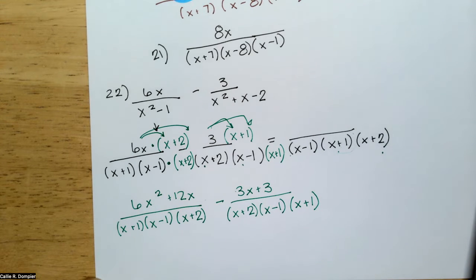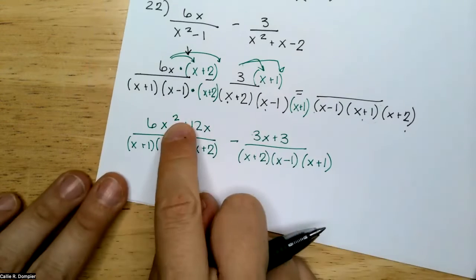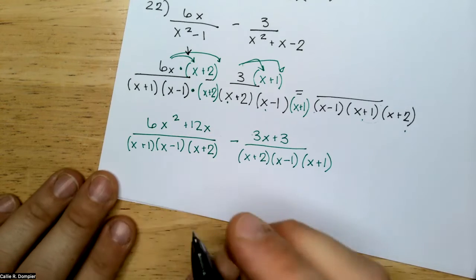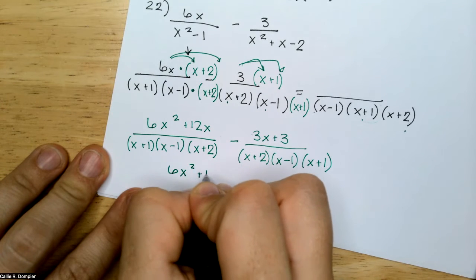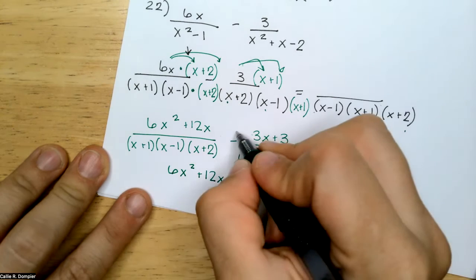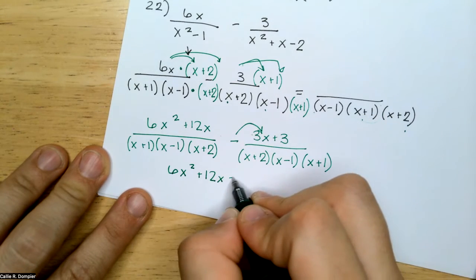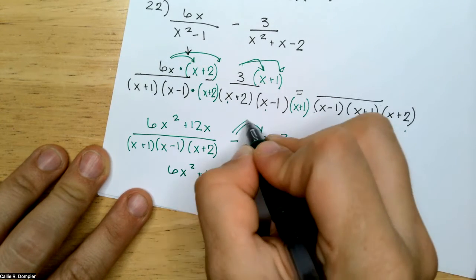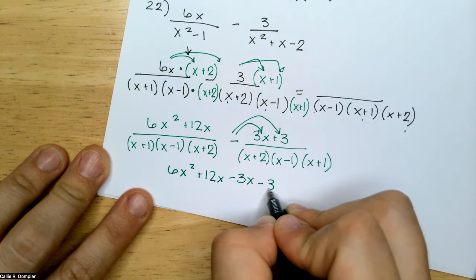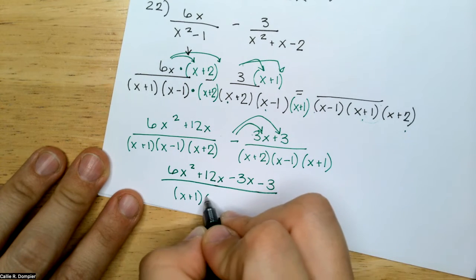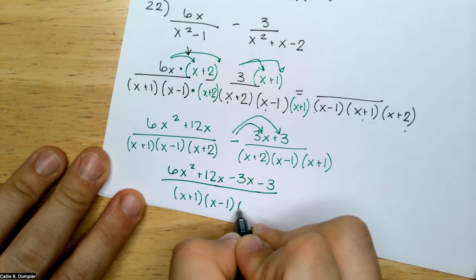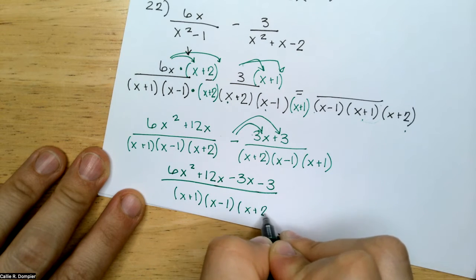Good? Okay, now I can combine these two because I have a common denominator. It is 6x squared plus 12x. Let's distribute that negative right now. Minus 3x minus 3 over x plus 1 times x minus 1 times x plus 2.